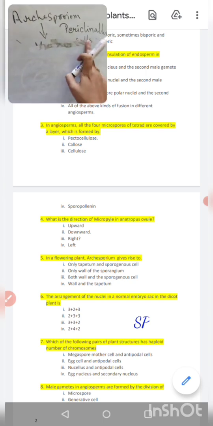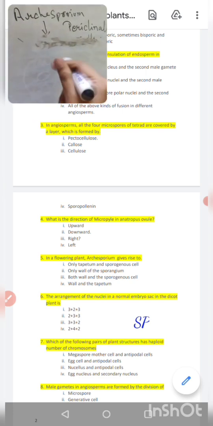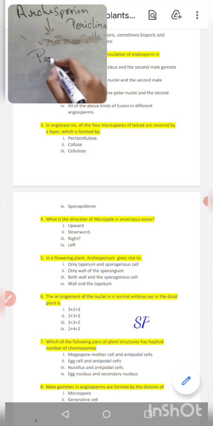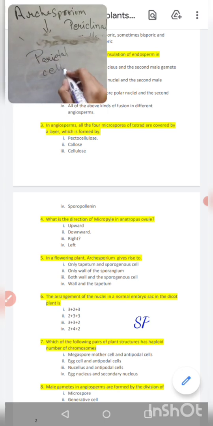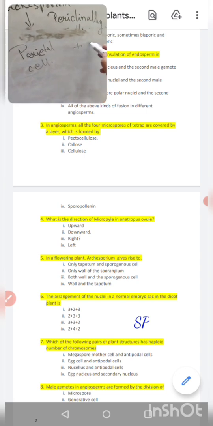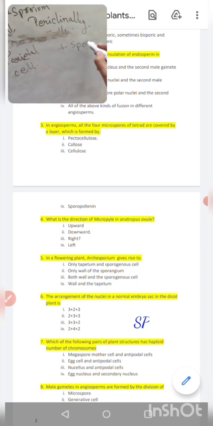One is the parietal cell, that is the outer cell, and the other is the sporogenous cell, that is the mother cell.